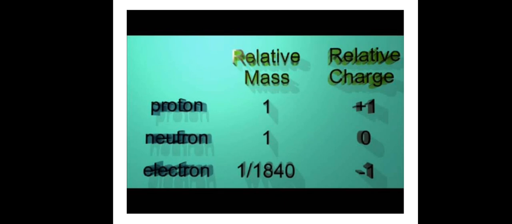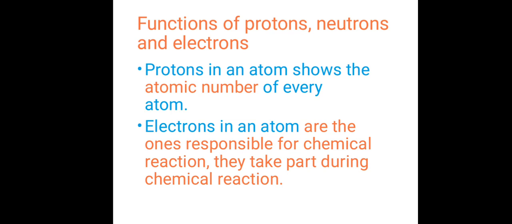Let's move to the next part where we now consider the functions of these particles. Remember, these particles are not just there in the atom, they have individual functions in the atom. The first particle is the proton. Protons in an atom show what is called the atomic number in every atom. The atomic number is the number representing an atom.